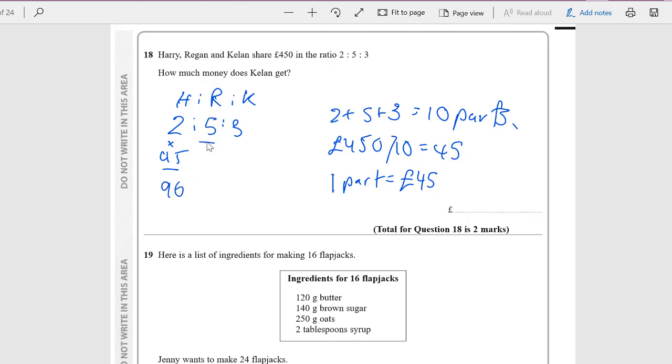Regan gets 5 parts, so 45 times 5, which is 225. And then for Keelan, times by 45, he will get 135. So if you add all of these together, you will get 450. But the question specifically says how much money does Keelan get. So Keelan in this case gets 135.